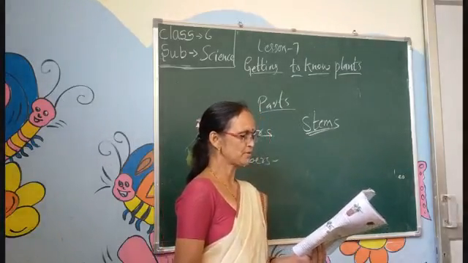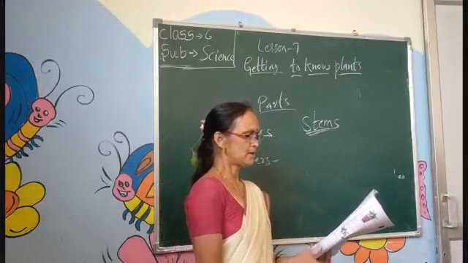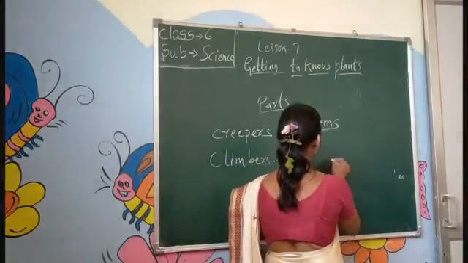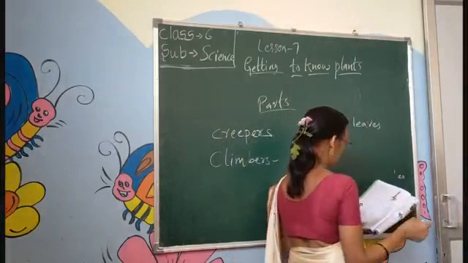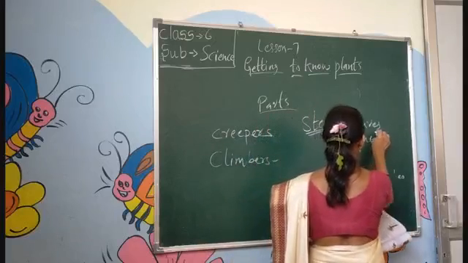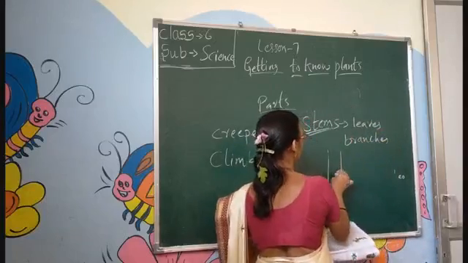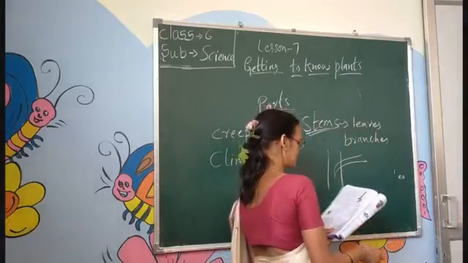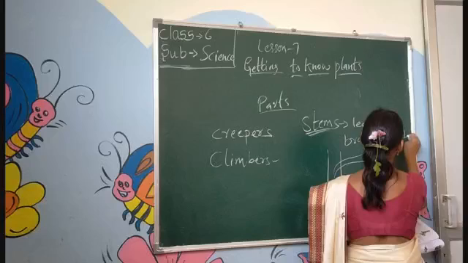So compare your observation. You find that stems bear leaves. Yes, they bear leaves. They bear branches. ಸ್ಟೆಮ್ಸ್ನಿಂದ ಬ್ರಾಂಚಸ್ ಆಗ್ತಾವೆ. ಮೇನ್ ಬಡ್ಡಿನಿಂದ ಬೇರೆ ಬೇರೆ ಬ್ರಾಂಚಸ್ ಬರ್ತಾವೆ. ಬೇರೆ ಬೇರೆ ಲೀವ್ಸ್, ಬೇರೆ ಬ್ರಾಂಚಸ್, and they bear buds and flowers also.